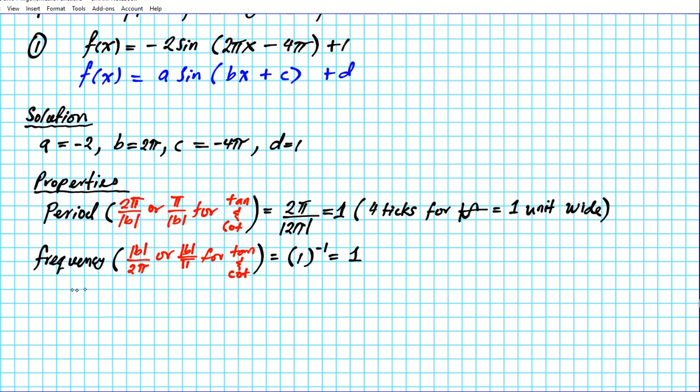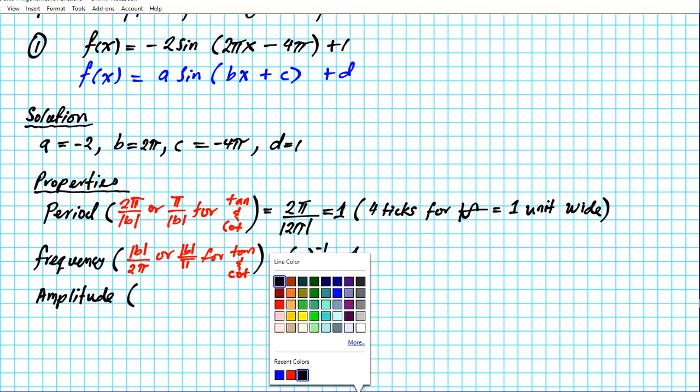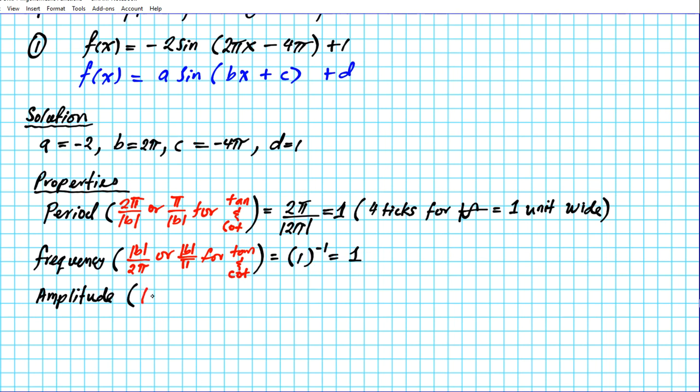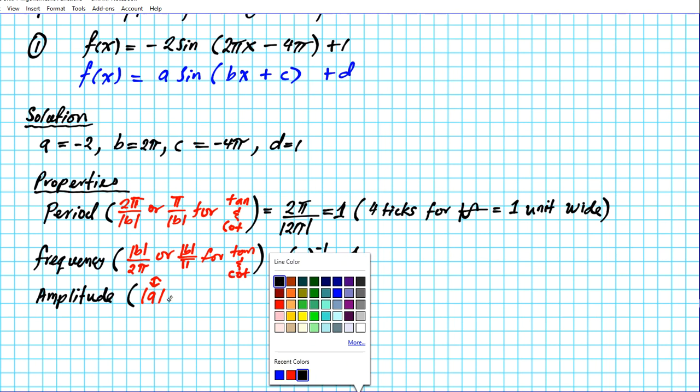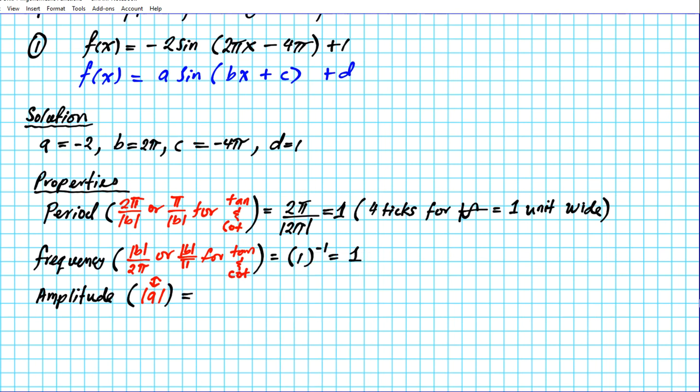Next thing is the amplitude of our function. The amplitude is given by the formula absolute value of a. The amplitude goes up and down. It is the displacement to the max and min from the central position. In this problem, the absolute value of a is the absolute value of negative 2. Remember what absolute value is.